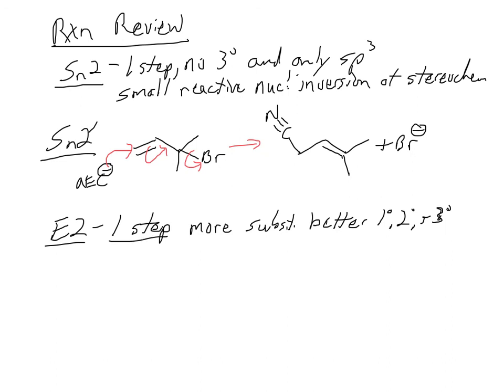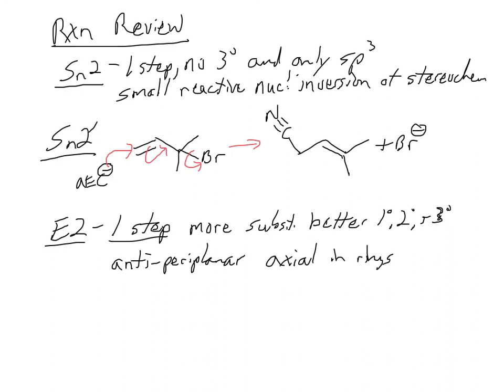The biggest thing with E2 is this conformational thing. Just like SN2 gets this inversion, E2 needs to be in a particular conformation, and that is anti-periplanar. Got to be anti-periplanar. So we saw a lot of ring flips. We talked about ring flips. You got to get things axial in rings.